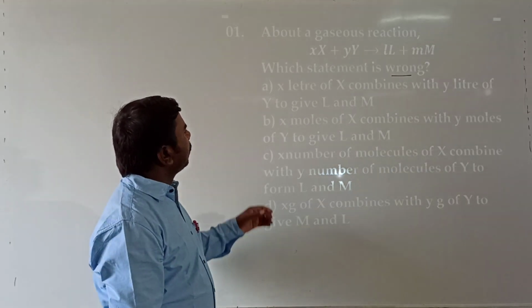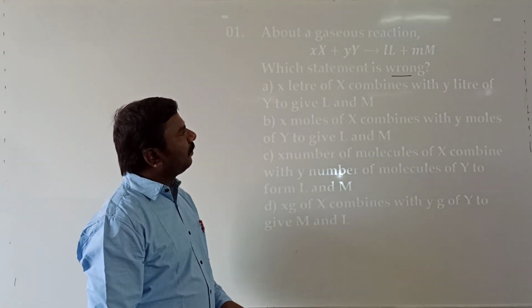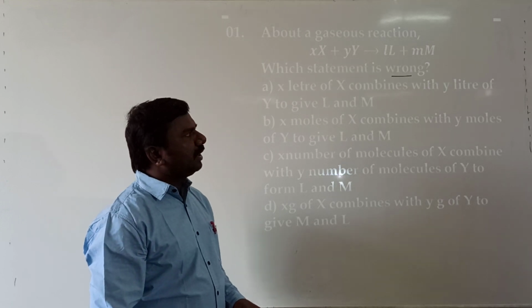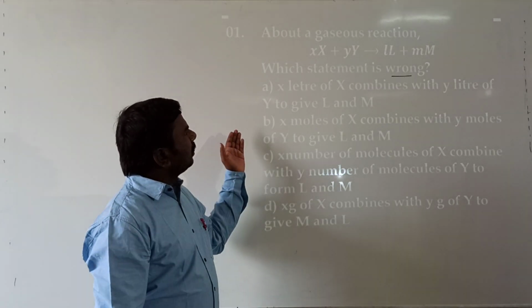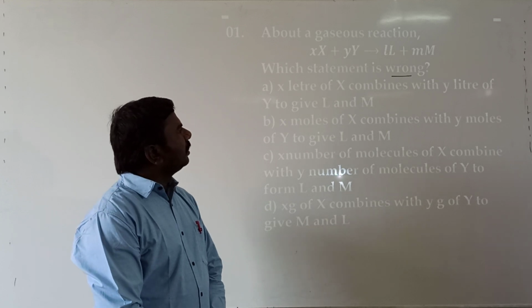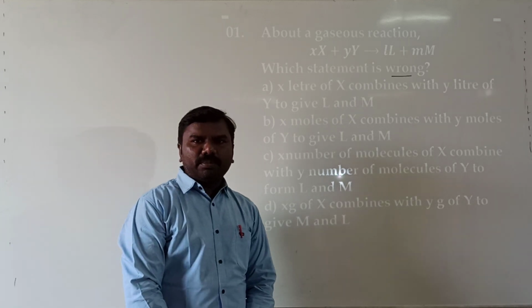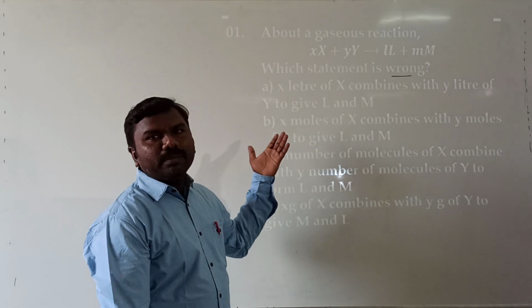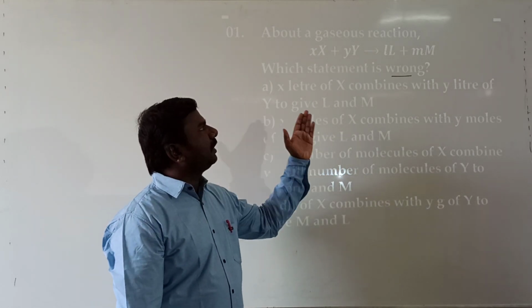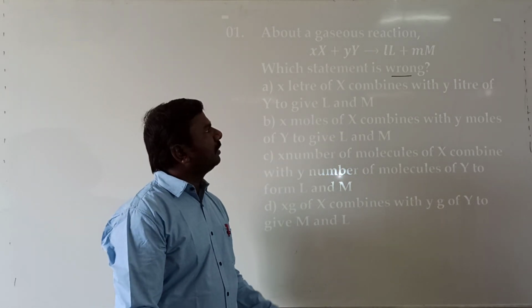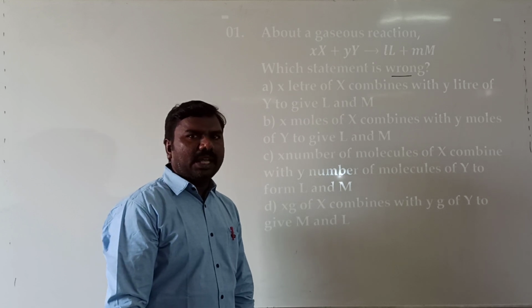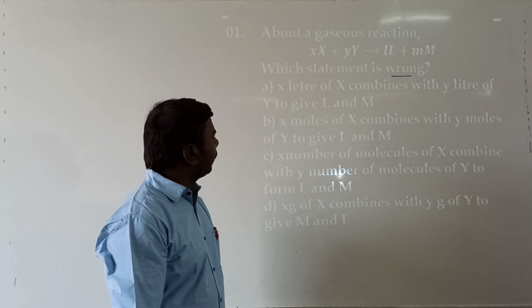Here the first option, x liters of X combines with y liters of Y to give l liters of L and m liters of M. From the volume point of view, x volumes of X react with y volumes of Y to give the products L and M. Correct statement.